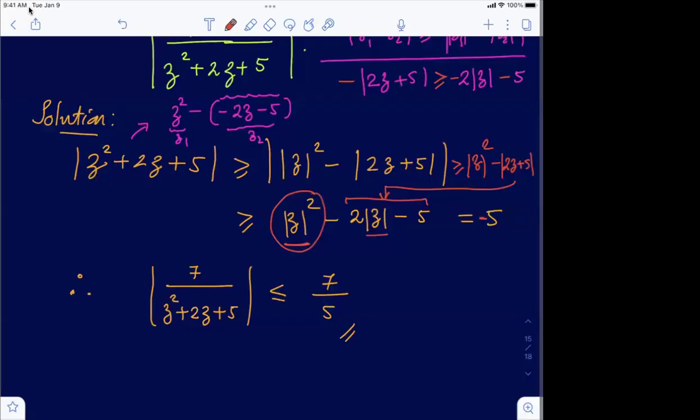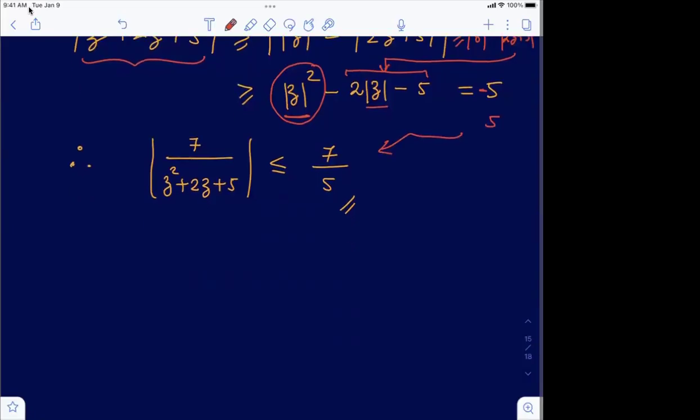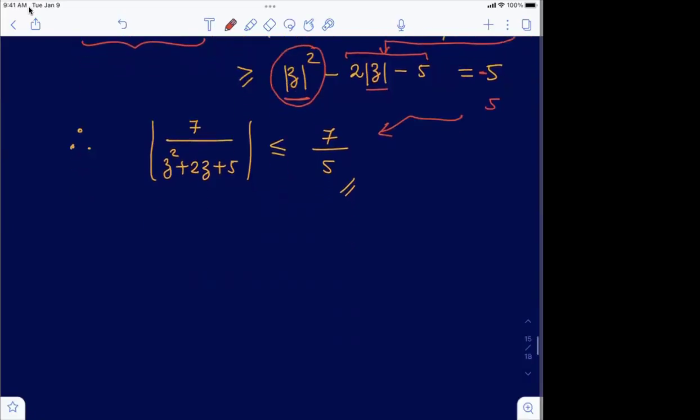But then don't forget, what we do here can be done in the same way in the reverse order. That simply means we can establish the fact that this is going to be greater than 5 also. So that is exactly how we land on the combination, right?